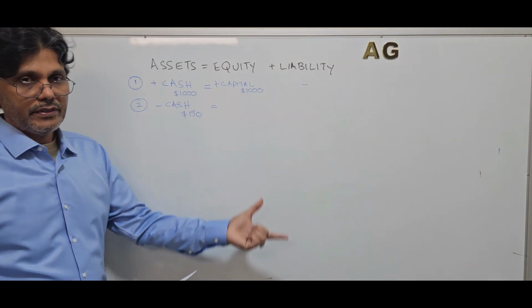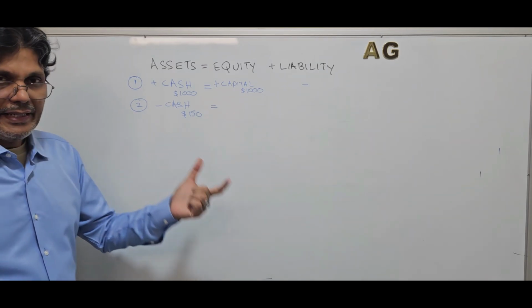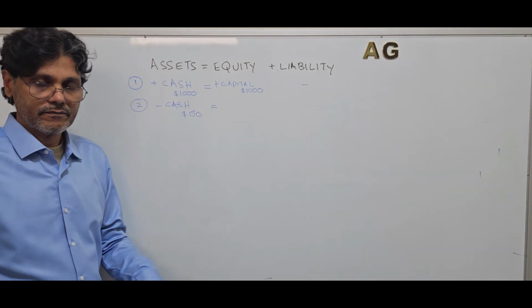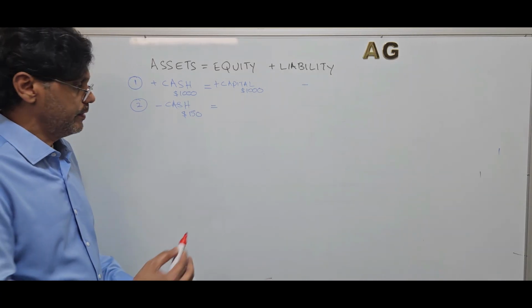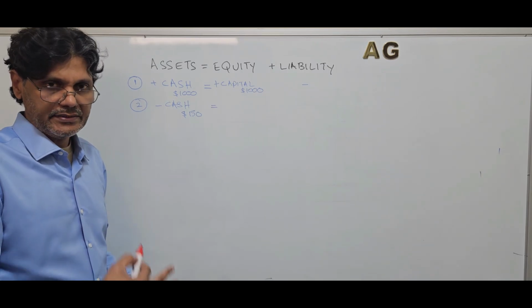What is the impact on the other side? Since rent is an expense, we calculate the business's profit by subtracting all the expenses from its sales.